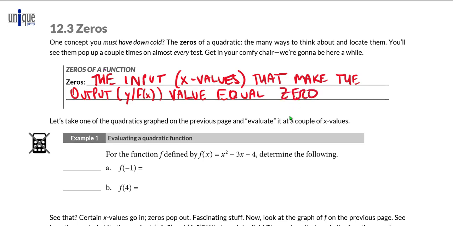This is not a very difficult concept, but again, a lot of students are hesitant about defining what a zero is. I'm going to look at a linear function real quick.